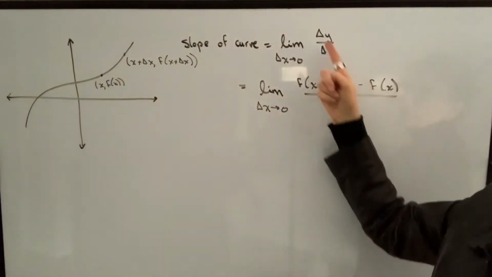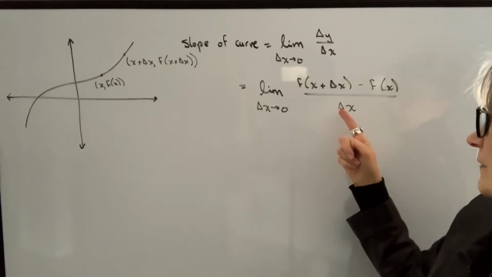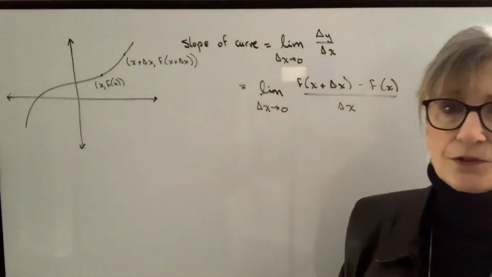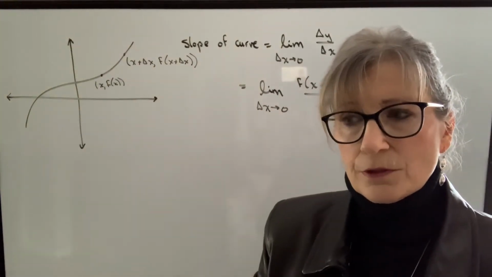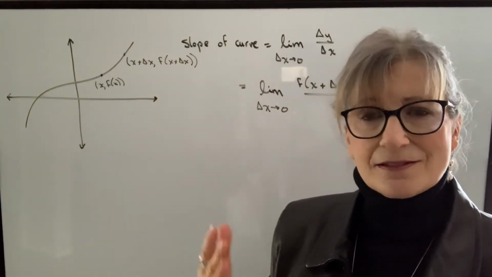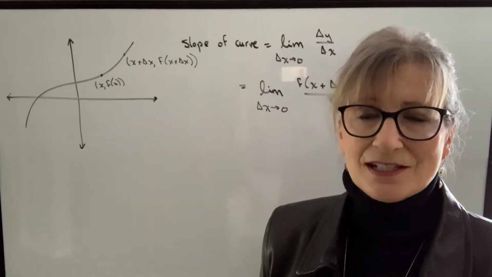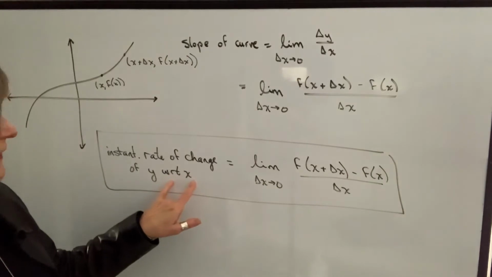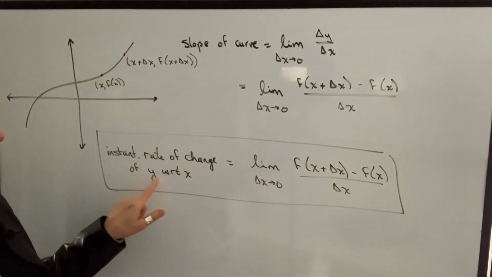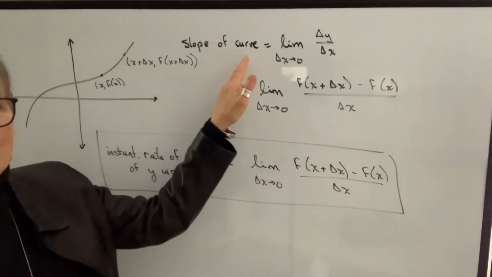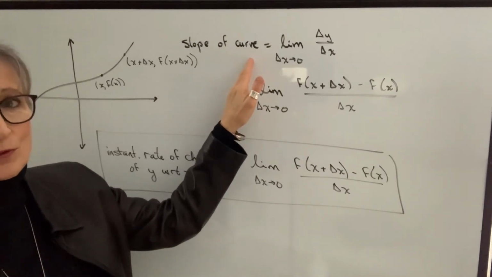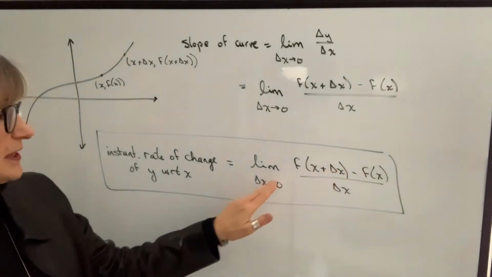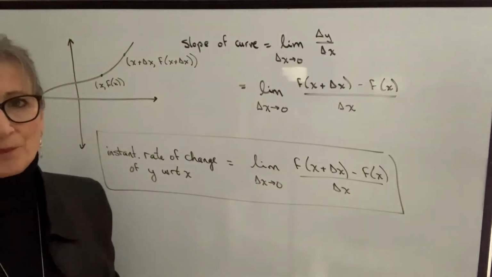So that's the difference or the change in the y values, divided by the change in the x values or delta x, as delta x approaches 0. What we're going to talk about today is the same thing, but it's going to be the instantaneous rate of change of a function. So the definition of instantaneous rate of change of y with respect to x is the same as slope of a curve or slope of a tangent line to a curve, and that is this limiting value as delta x approaches 0.